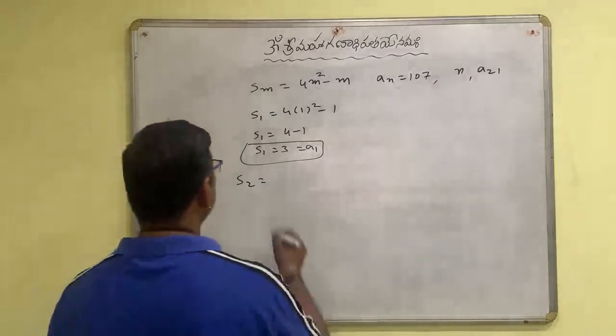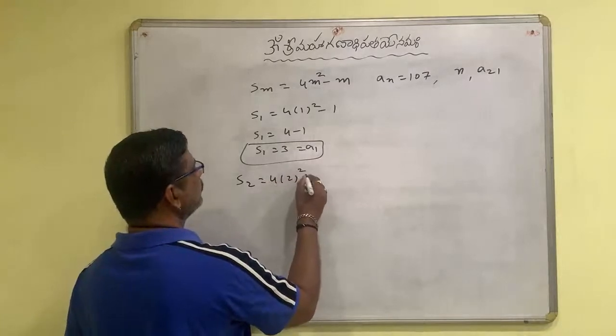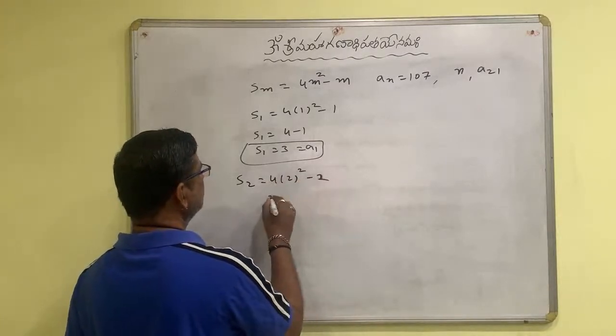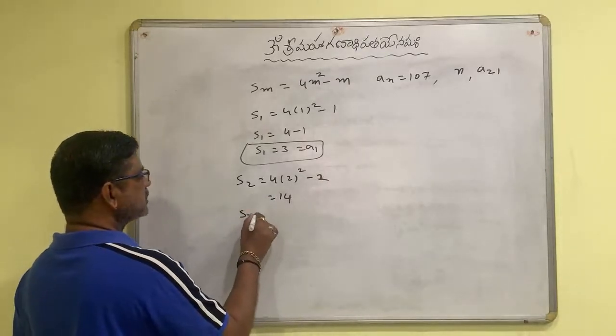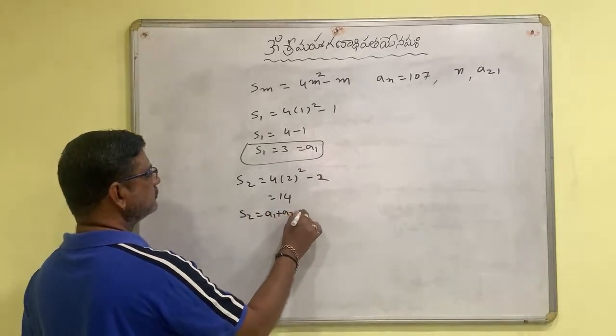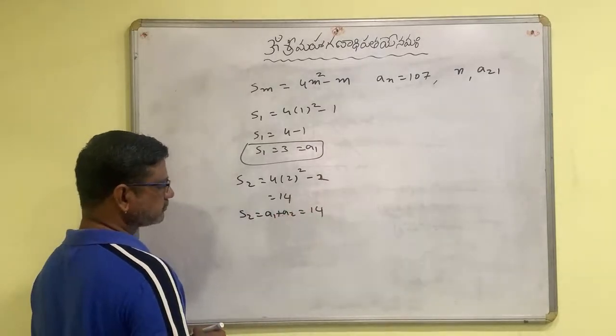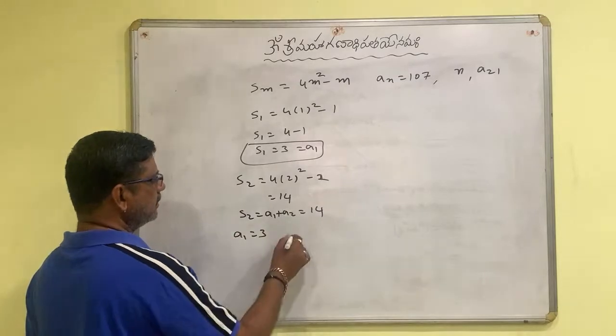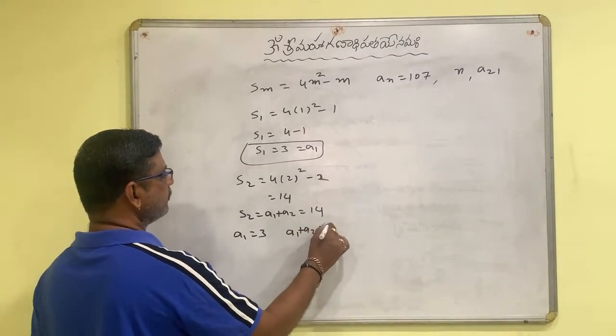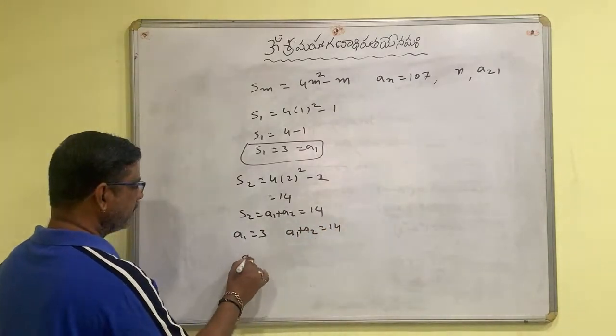S2 is 14. Put 2 in the place of m, so you get 14. But we know S2 is a1 plus a2, which is 14. We know a1 is 3. a1 plus a2 is 14. Can we find out a2?